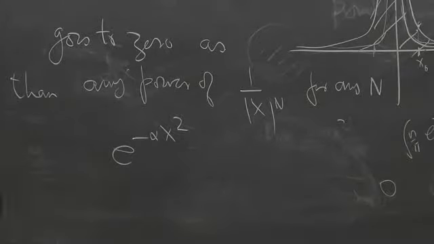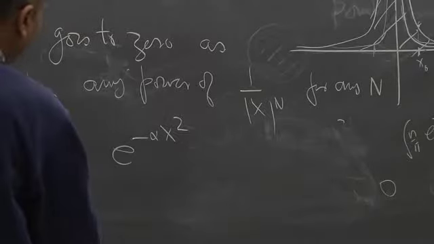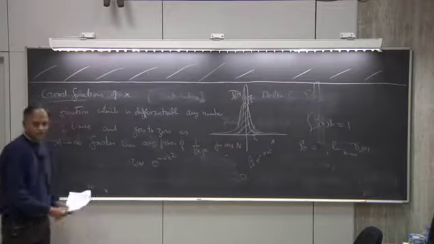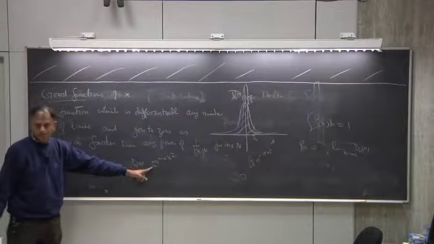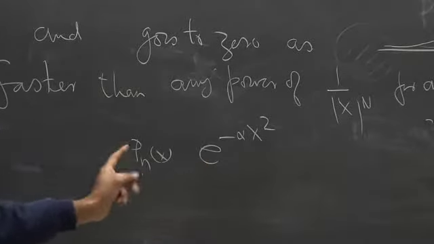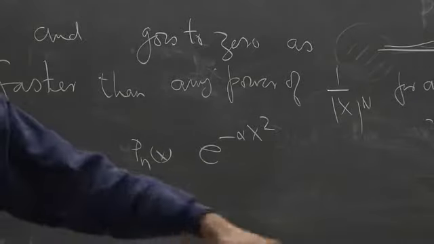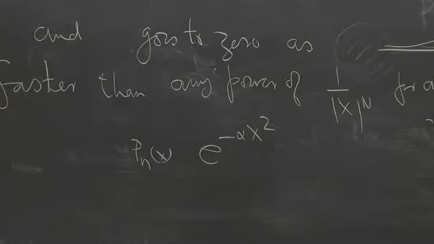In fact, you could also multiply by any polynomial, for example an nth degree polynomial, times this Gaussian, and that still has the same property. It's differentiable any number of times and goes to 0 faster than any power of 1 over x as you take x to infinity. So these are all good functions.